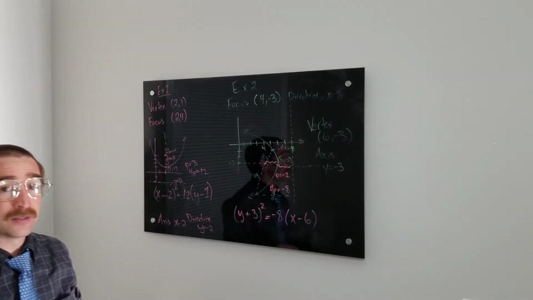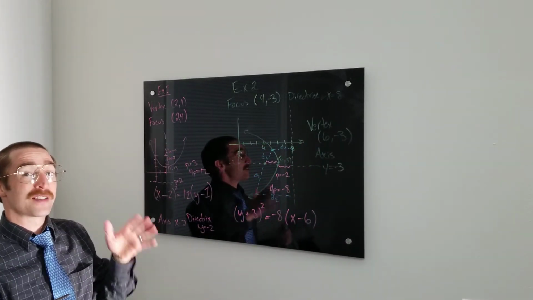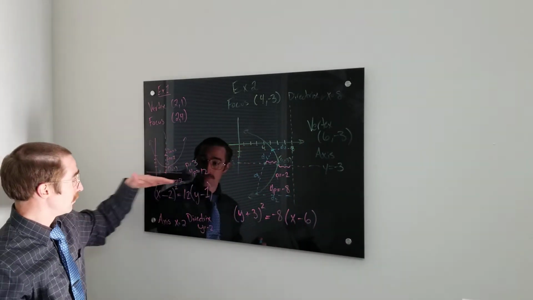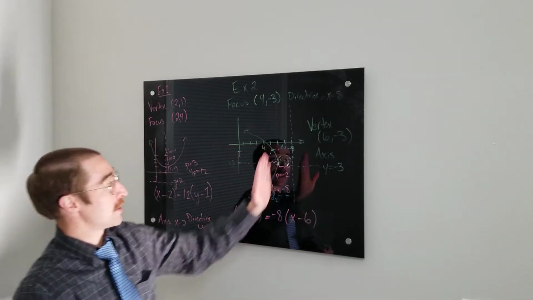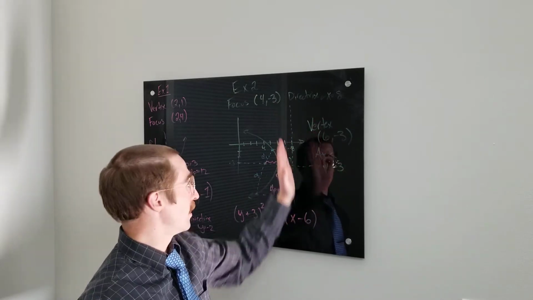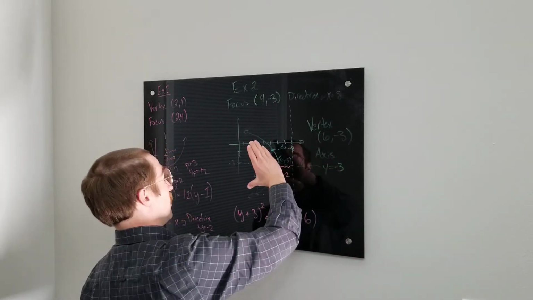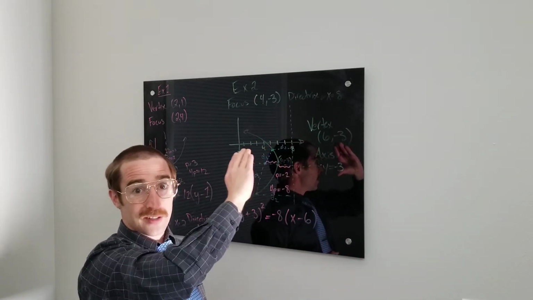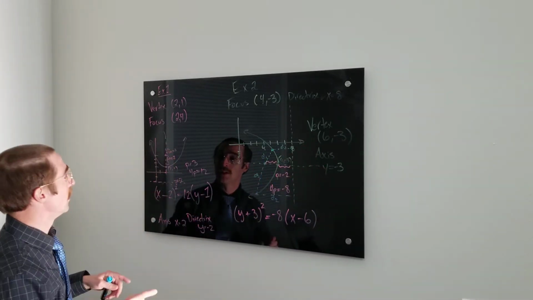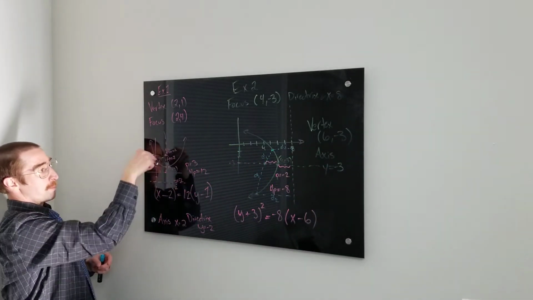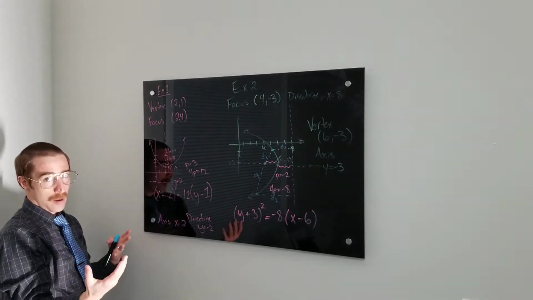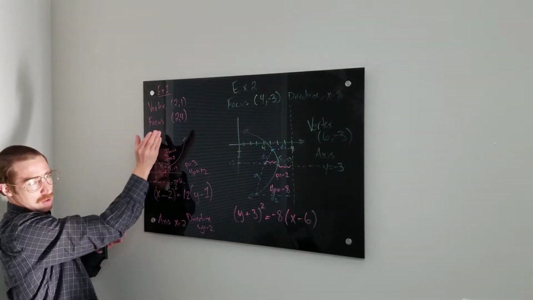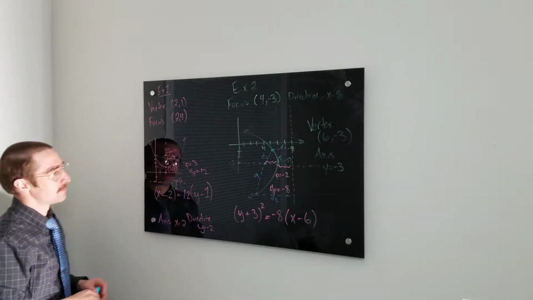So if your directrix is y equals, then your parabola is going up or down. If your directrix is x equals, in other words, a vertical line, then your parabola is going to the side. The parabola always opens up and contains the focus inside of it, so the directrix is outside the parabola. It's not inside the part of the U, it's on the outside of the U.